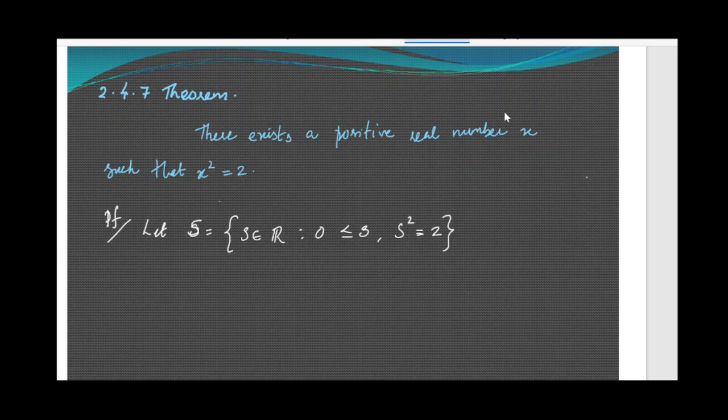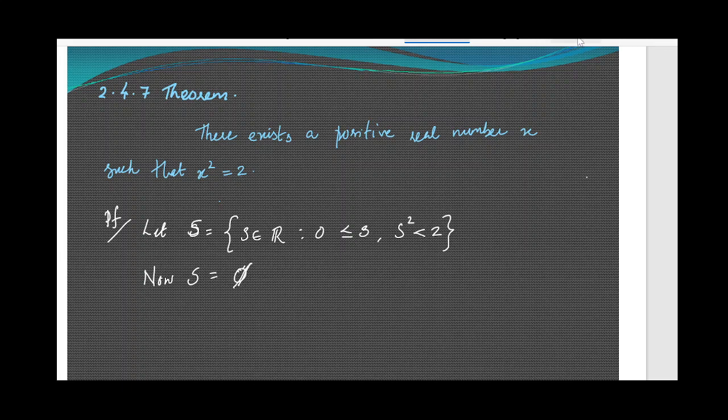Oh, sorry, not S square equal to 2, S square less than 2. Okay, S square less than 2. Now, this set is non-empty. What's the reason? Now, our set S is non-empty.